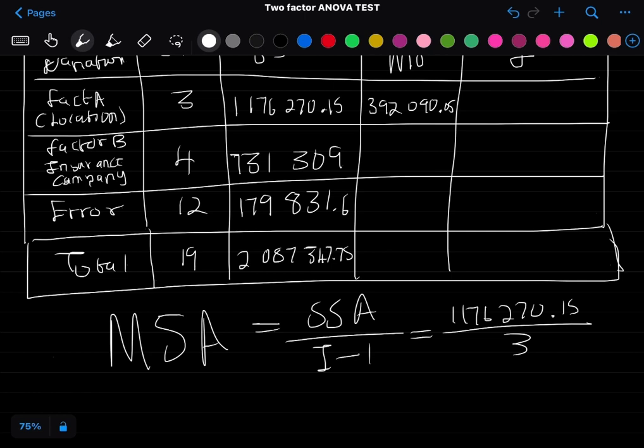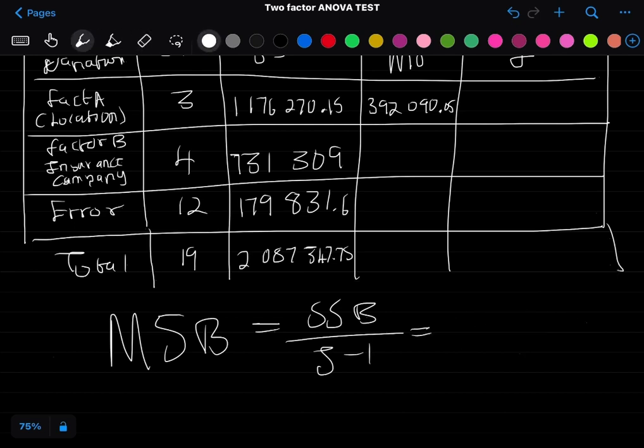And then for factor B, it will be 731,309 divided by 4, which should be 182,827.25.